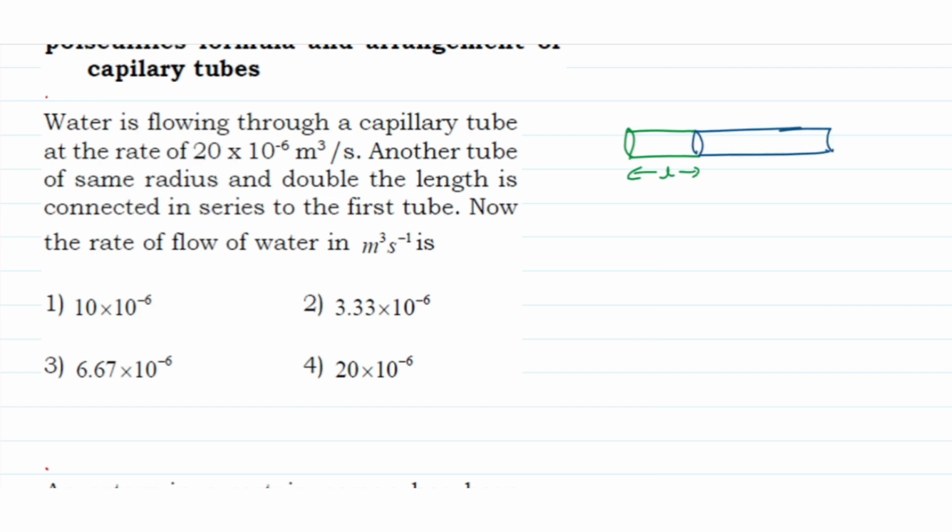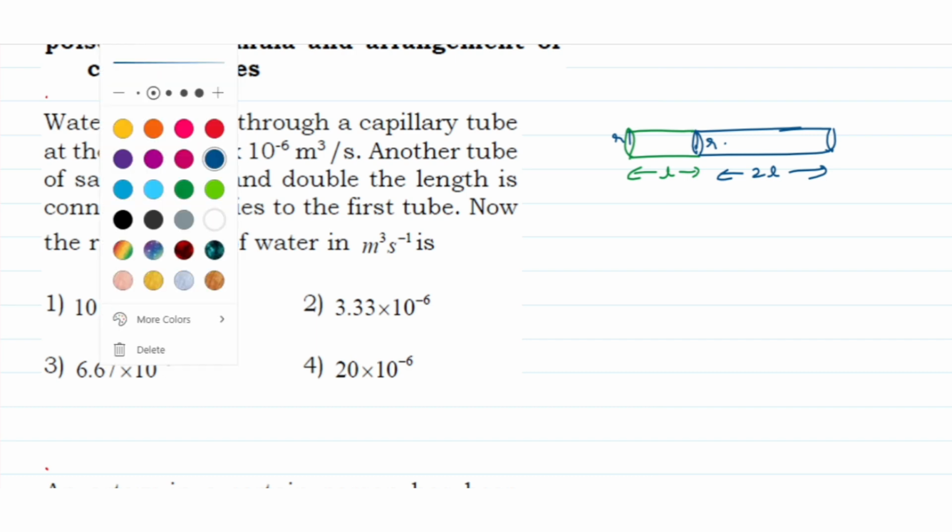It has double the length, and it is connected in series to the first tube. Here both radii will be the same. This radius and this radius are the same. Now they are asking the rate of flow of water in meter cube per second.